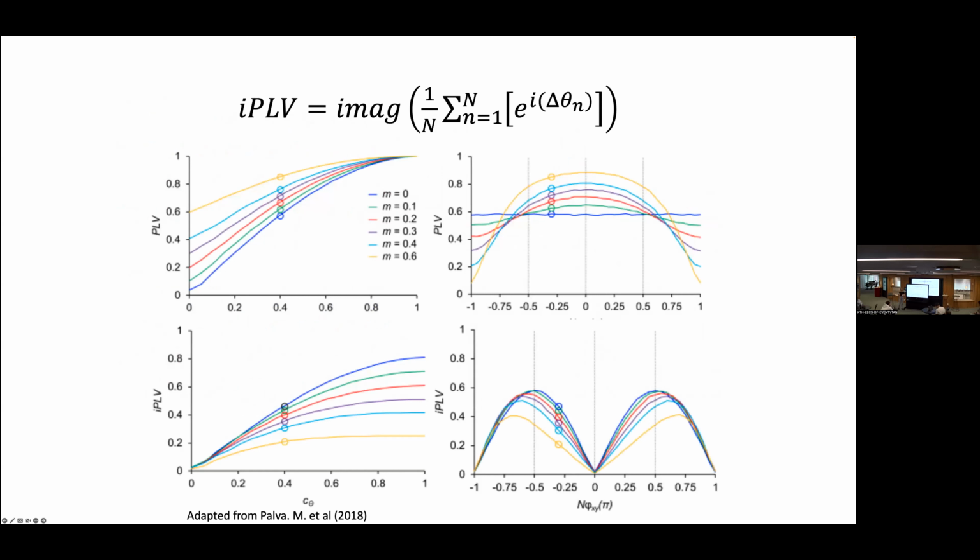Of course, this removes all your connectivity at the phase lag of 0 and the phase lag of 180. However, the nice thing about this is that the more source mixing you have, the lower your imaginary PLV will be, which means you can't create patterns in your data by having poorly reconstructed data. Because that's a problem otherwise.